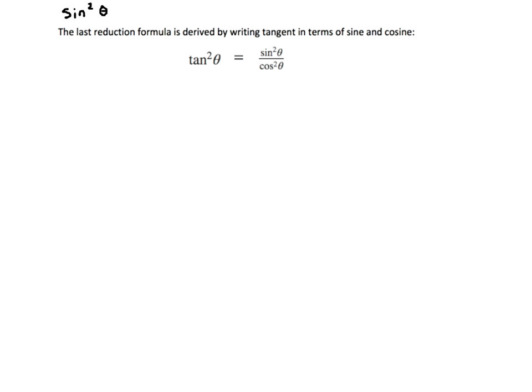I'm going to use the power reduction formula that I just came up with and replace that with 1 minus cosine 2 theta over 2. And I'm going to replace cosine squared theta with 1 plus cosine of 2 theta over 2.